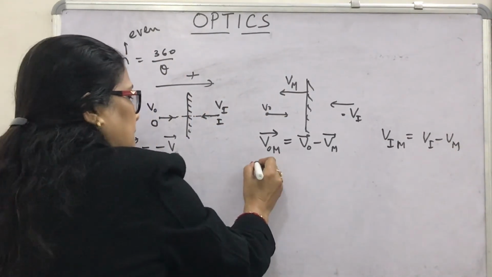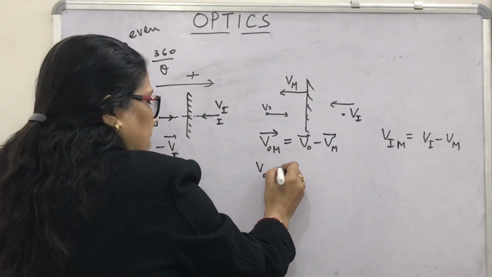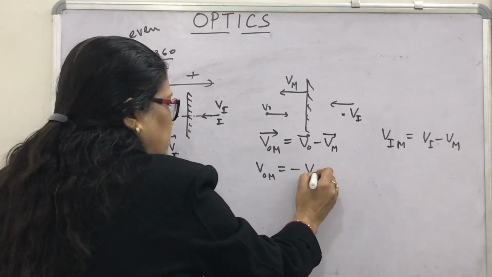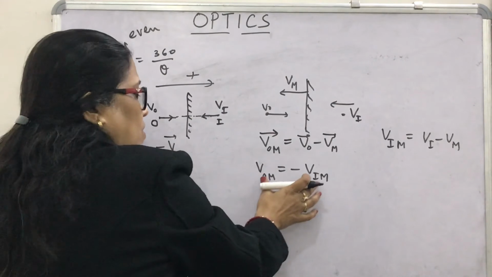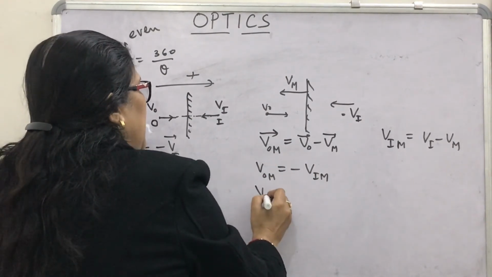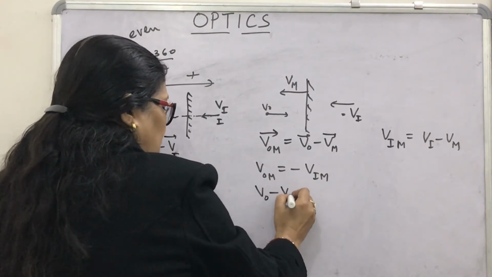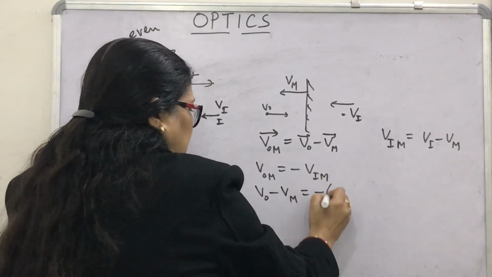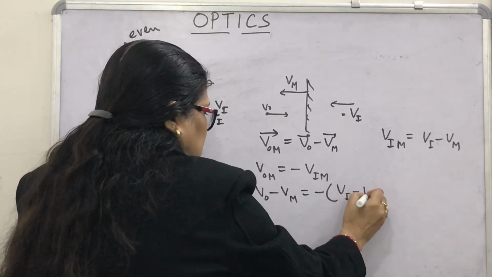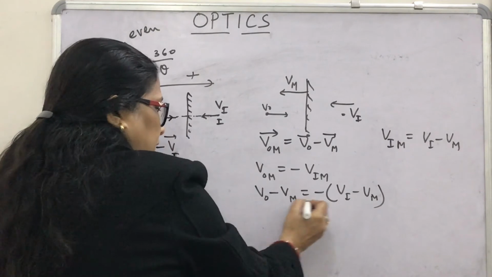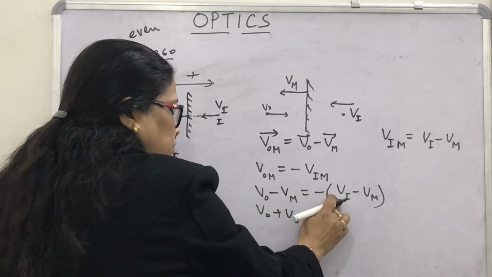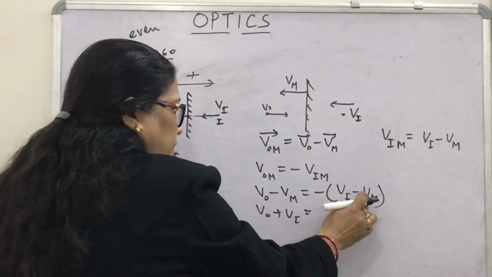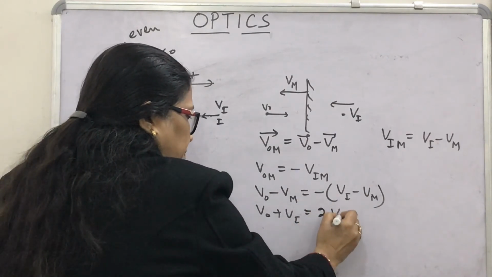Same rule, VOM equal to minus VIM, you will apply here. What will you get here? This is VO minus VM equal to minus (Vi minus VM). What will you get here? Look, VO plus Vi, minus VM, this will be 2VM.